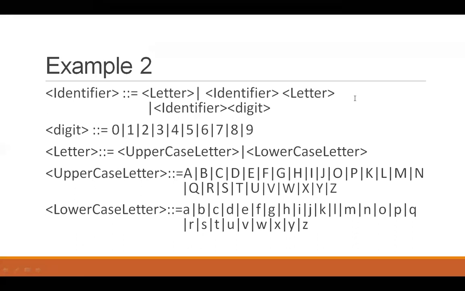For example, if we write an identifier like this, the compiler is going to recognize it as a non-valid identifier according to these definitions. And if we write it like this, the compiler is going to recognize it as a valid identifier, because the definitions are clear enough for the compiler to understand what an identifier is.